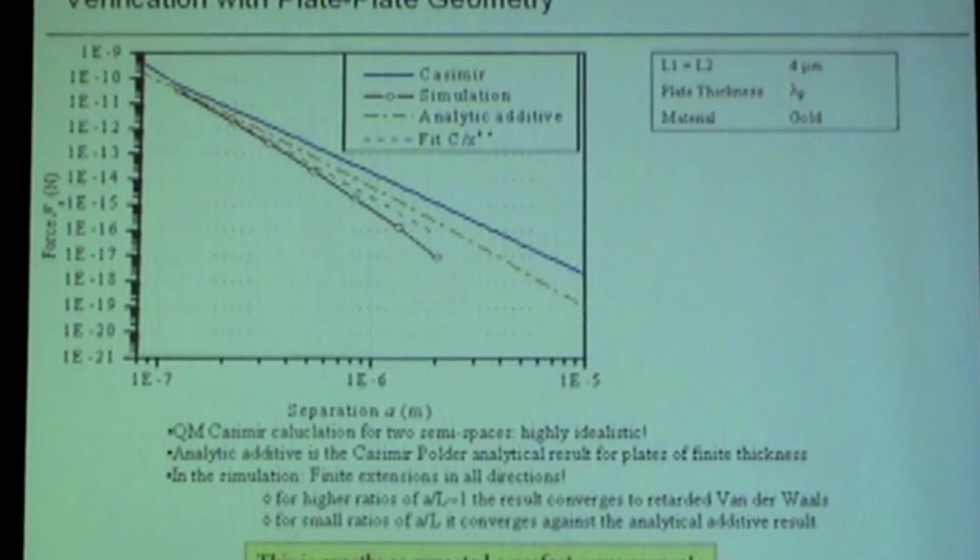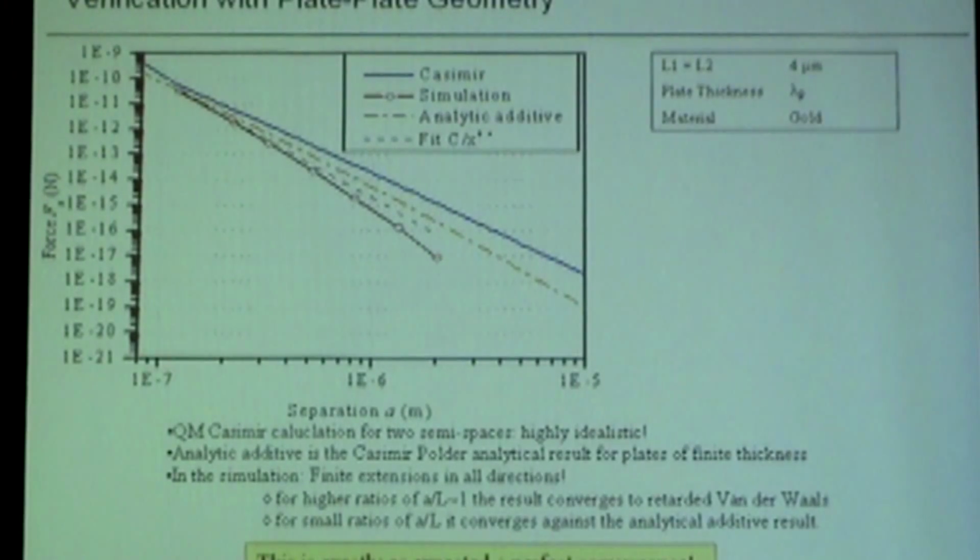You see that for small distances, so if we're really sub-micron, we converge very well with the analytical solutions. And we believe that our solution here is more correct than an analytical solution because we put in real geometries, whereas the analytical solutions assume infinitely long cylinders, infinitely long plates, and so on. So that's the real correction factor.